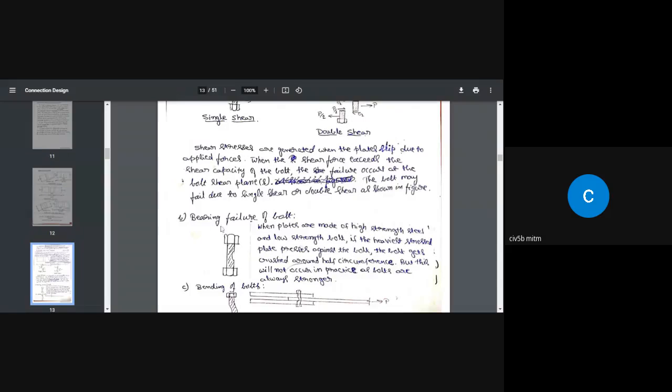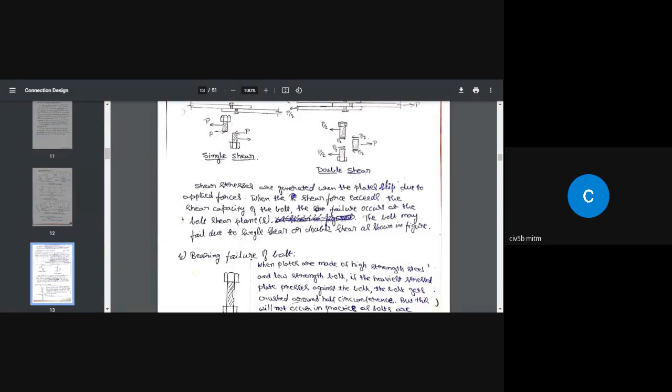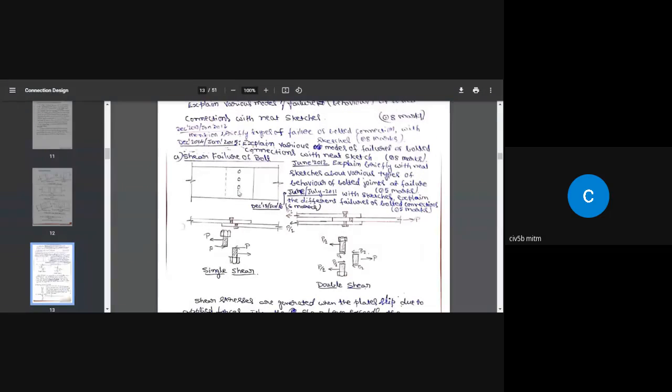Next, bearing failure of bolt. What is the other way a bolt can fail? When you apply load, when you pull those two plates, on one side the bolt presses against the plate, and 50% of the bolt is going to be in touch with the plate.